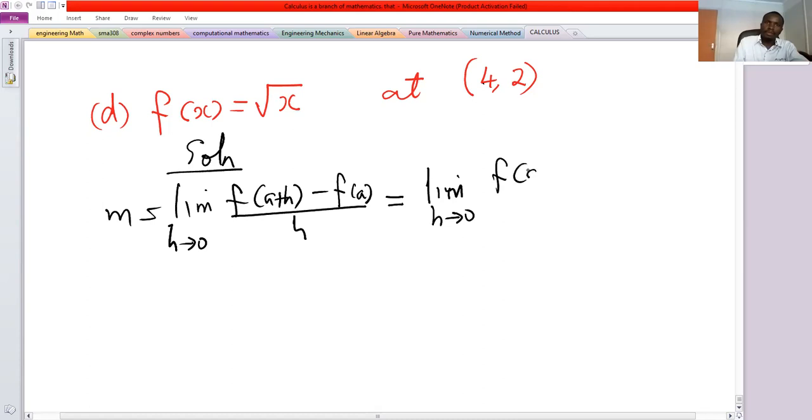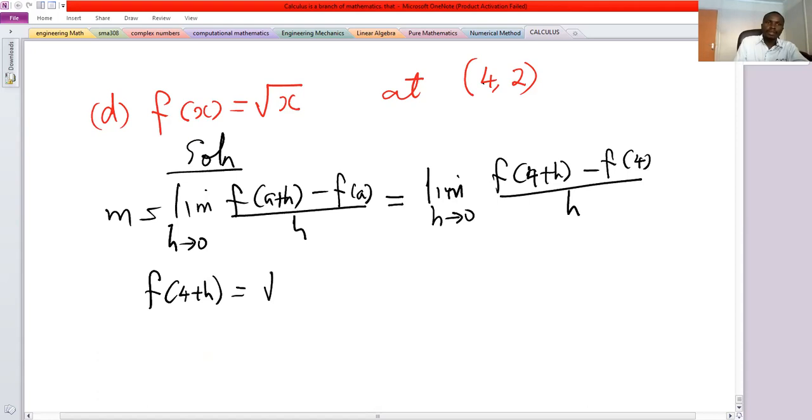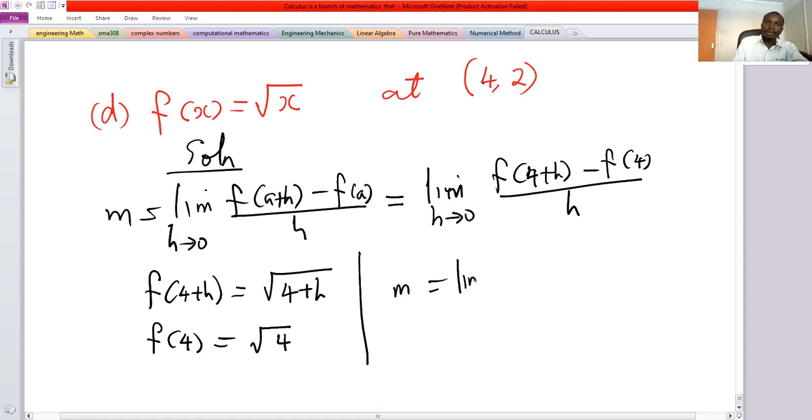So f of 4 plus h minus f of 4 divided by h. Now f of 4 plus h means square root of 4 plus h. F of 4 means square root of 4. So therefore m will be the limit as h approaches 0 of square root of 4 plus h minus square root of 4 divided by h.